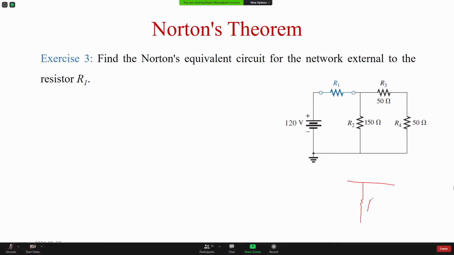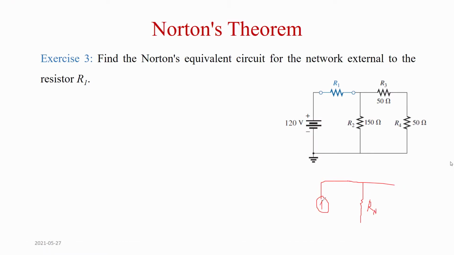We call it Norton equivalent resistance, Rn, and a current source connected in parallel with it. And this current source will have a current of In, the Norton current. And this is equivalent to the circuit if it's a linear circuit with 2 terminals.